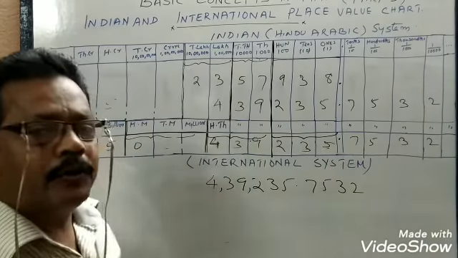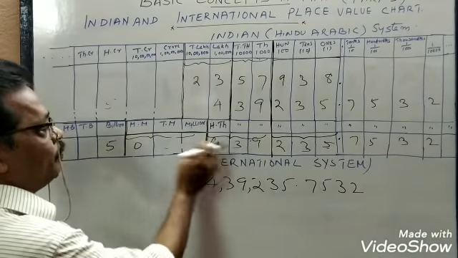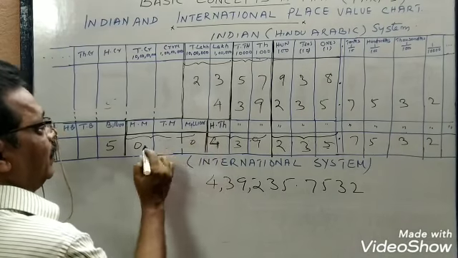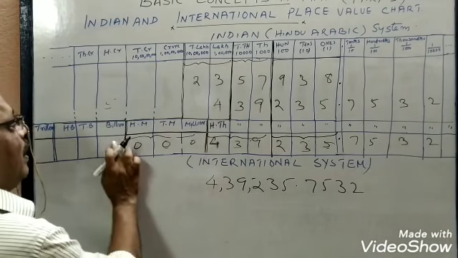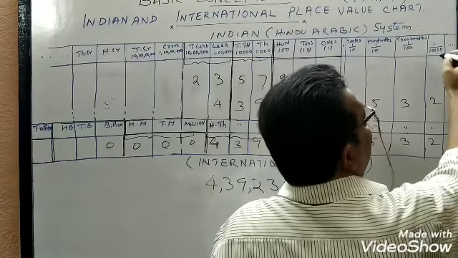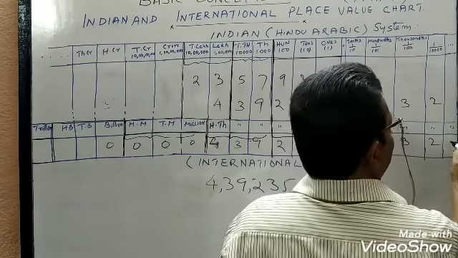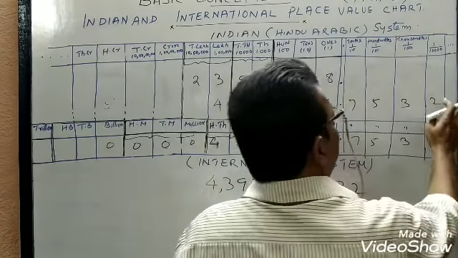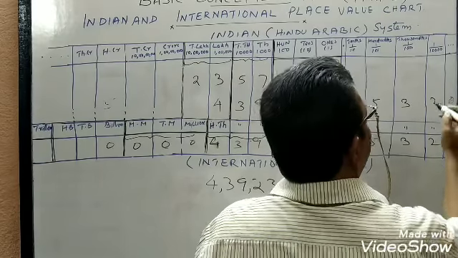One thing more you have to notice is that before the number, the million place is empty. The 10 million place is empty. The billion place is also empty. And here, after 1 by 10,000, the 1 by 1 lakh place is empty. If these places are empty, we can put 0.